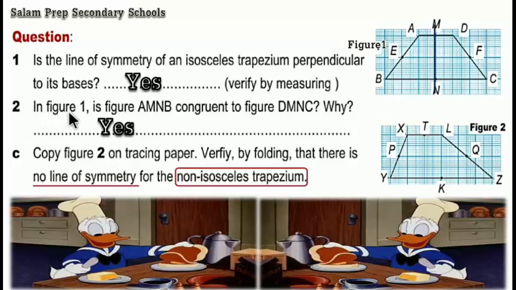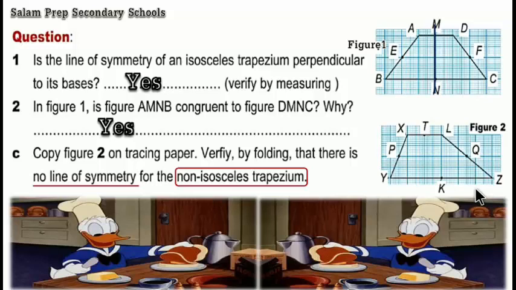In figure 1, is figure AMNB congruent to figure DMNC? Why? Yes, these two figures are congruent.